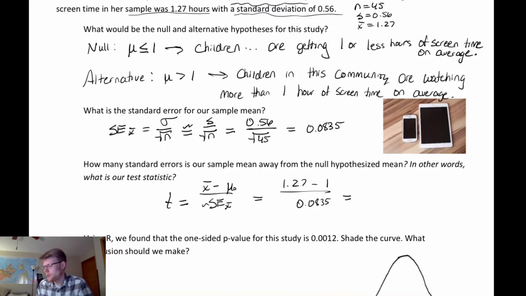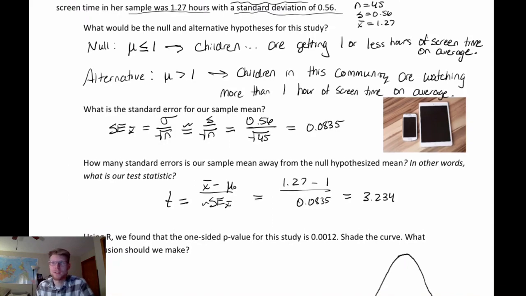If I calculate this, 0.27 divided by this standard error value, I get 3.234. So I am 3.234 standard errors above what I would expect to get if it was really 1. That's a pretty big distance.